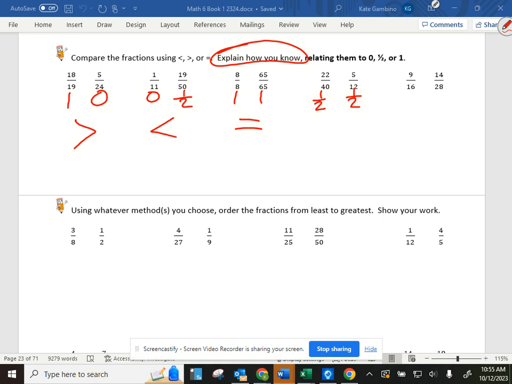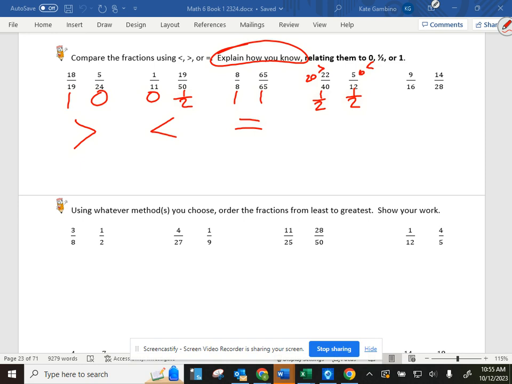So how do I compare two numbers that are close to a half? Think about that number line that we worked on when we were talking about those halves. Melanie? Like which one is bigger than the actual half? 22 is bigger than an actual half because the halfway was 20. Half of 12 is 6. So 5/12 is less than a half.